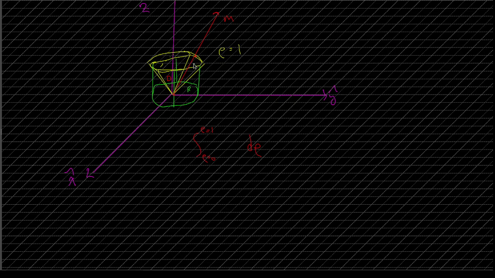Then the next thing we need to figure out is the phi limits, or what angle measures phi in here. And so we have to figure out how phi interacts with the cone that we have.